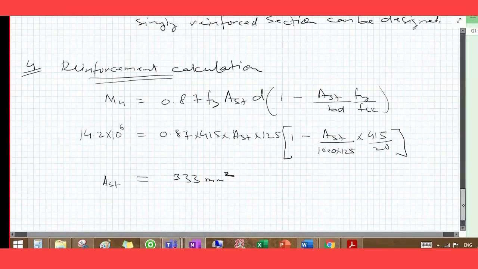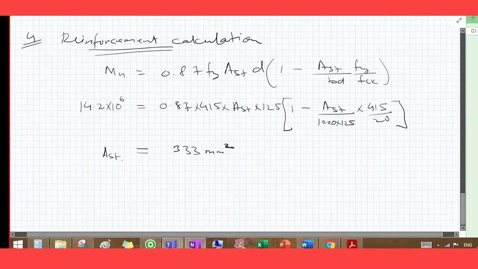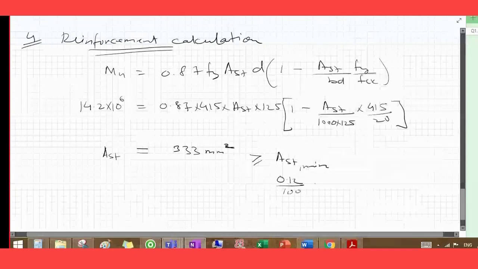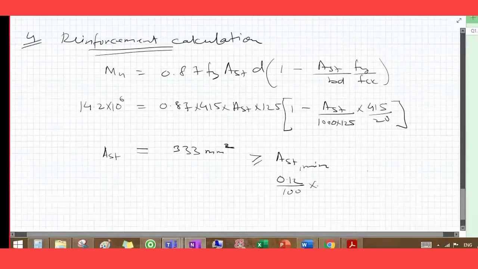Okay, and please make sure whatever steel you provide, it should be greater than or equal to the minimum steel. So whatever main reinforcement you will be providing, it should be greater than or equal to the minimum steel which you have to provide. So this also you have to make sure. So please see what your minimum steel will be. Since you are using HYSD bar, it is actually 0.12 percent of the cross section area.